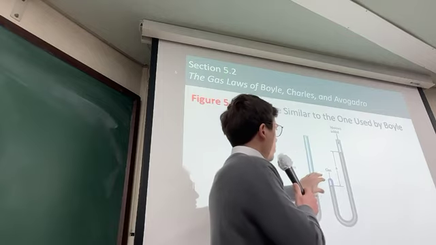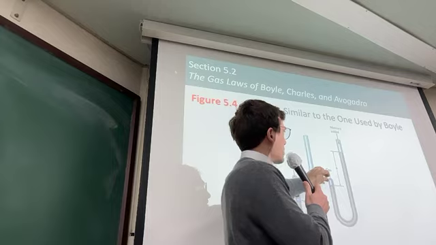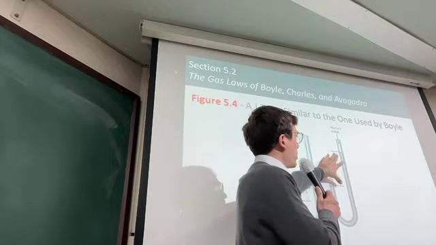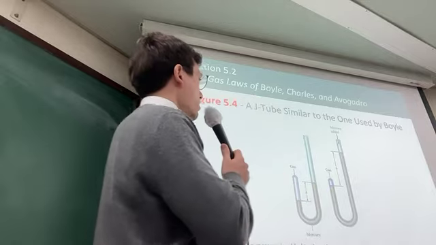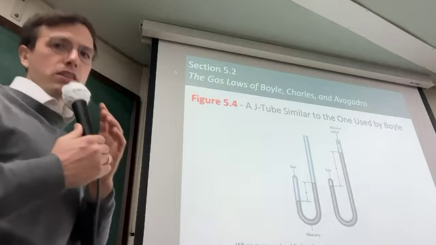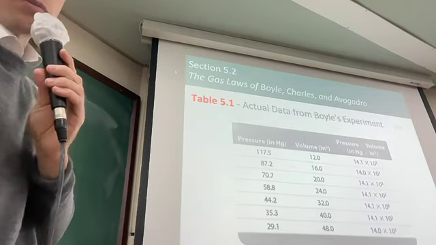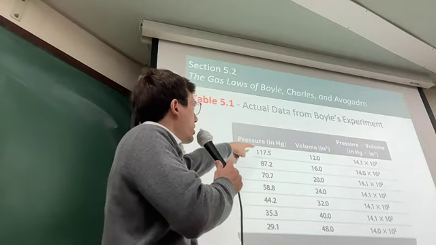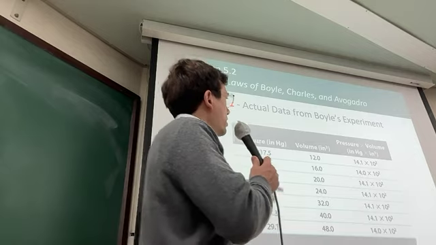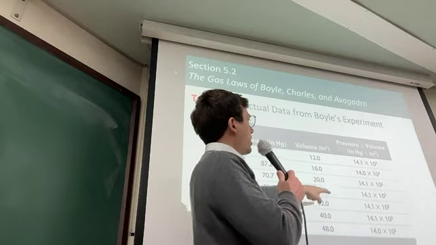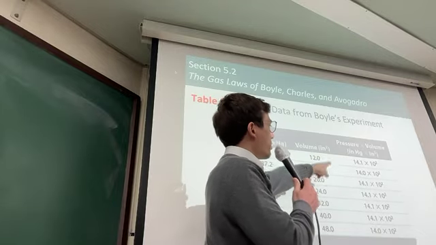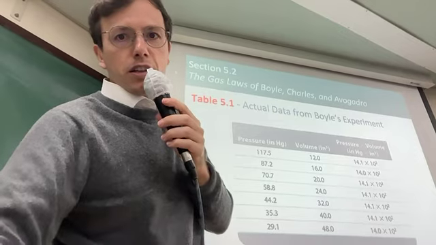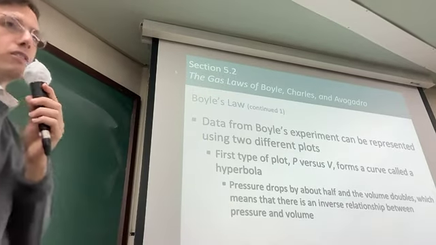So he could reduce the volume of the gas, and he can still measure the pressure that corresponds to this height, right? So with this device, he could get the relation between pressure and volume like this. And you can see while the pressure is decreasing, the volume keeps increasing, right? And the product of these two is always the same. So this is now called Boyle's law.